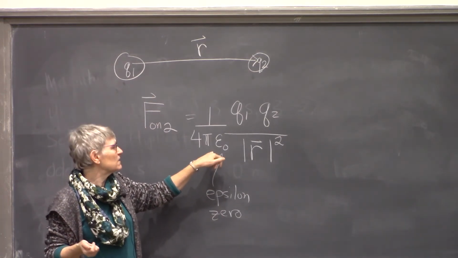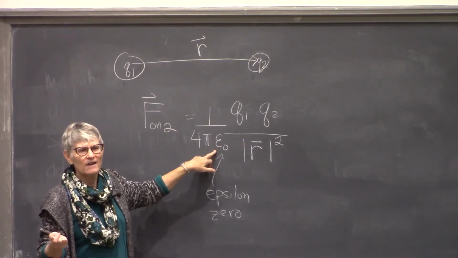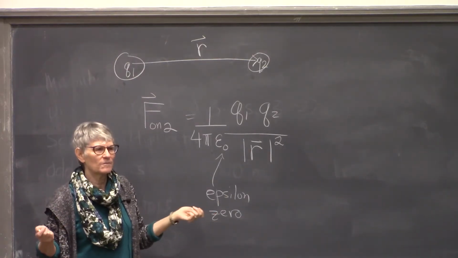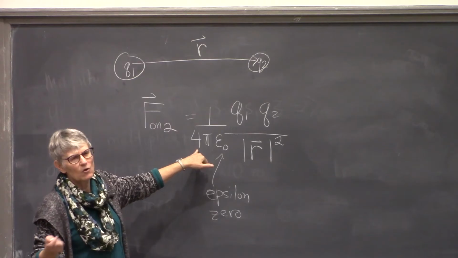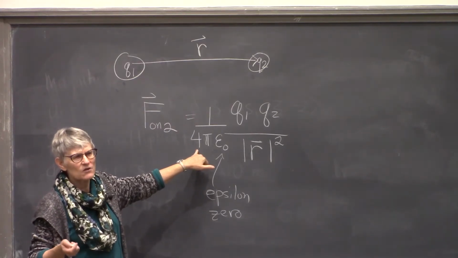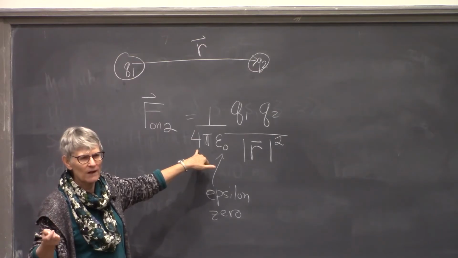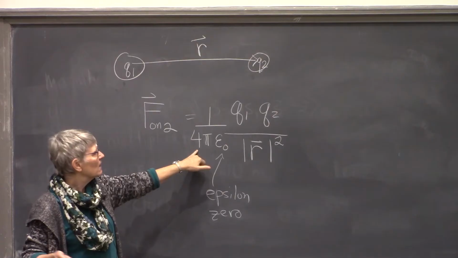The reason we write it this way is that epsilon 0 is the important constant, actually. The 1 over 4 pi is to get everything to work in SI units. We're going to keep writing it as 1 over 4 pi epsilon 0, because epsilon 0 has a life of its own.